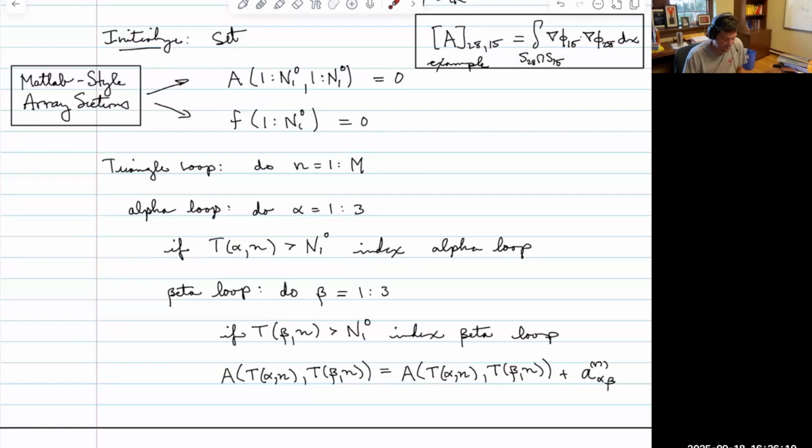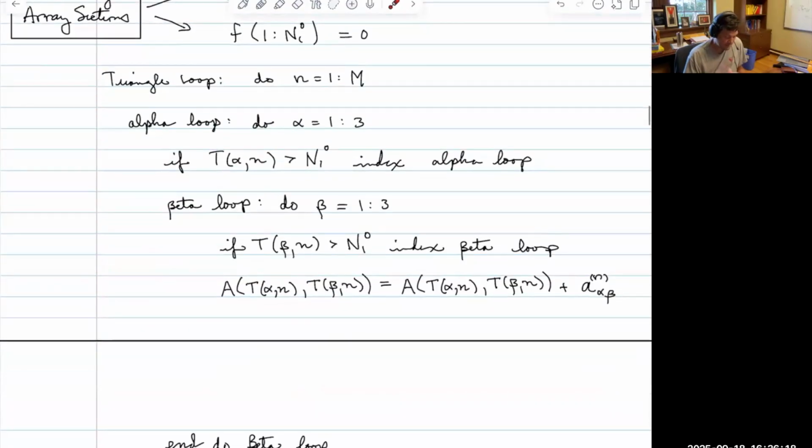If we don't index the loop, we're going to come into the beta loop. And beta is also going to have 3 degrees of freedom, beta from 1 to 3, representing the 3 degrees of freedom in the local stiffness, in this triangle. Whatever triangle we pick, triangle n, same thing here. If the global degree of freedom associated with that n and that beta is greater than n10, that means it's a boundary degree of freedom, and we want to skip that because it doesn't come into play with our stiffness matrix.